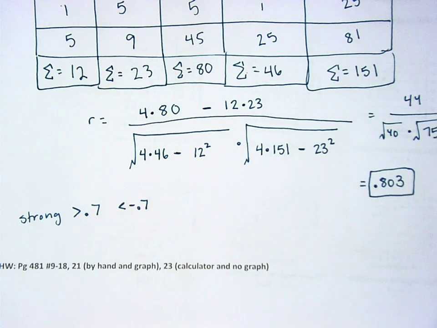But in politics, a 0.6 is still considered very strong. So I don't think there's an exact guide. The psychology one is moderate through 0.4, and then weak after that.